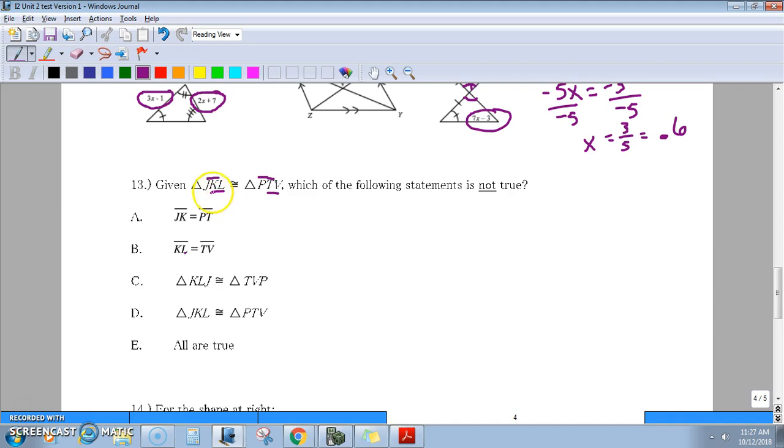So if we do KLJ, is that the same as TVP? Yep, so that is. So let's check. This next one, JKL is congruent to PTV. Yeah, that was the original statement. So all of them must be true. Yay us.